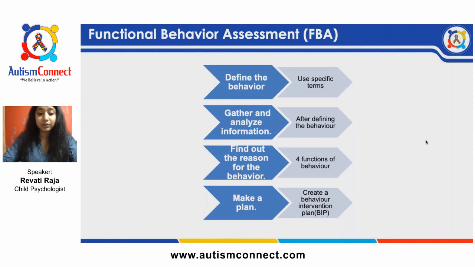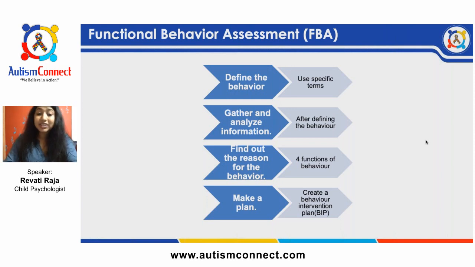Another is the tangible. Tangible means wanting something, gaining a particular thing that they can hold or play with. If a particular behavior is occurring in order to get a tangible, then you know that you have to act in a certain way in order for the child to change that behavior.